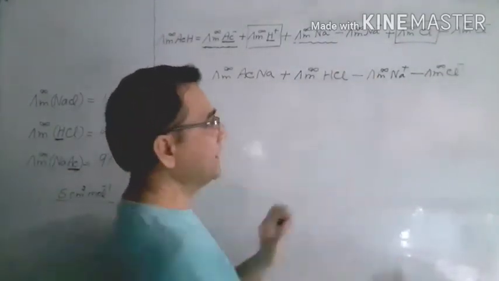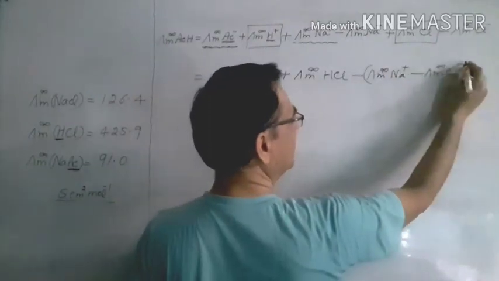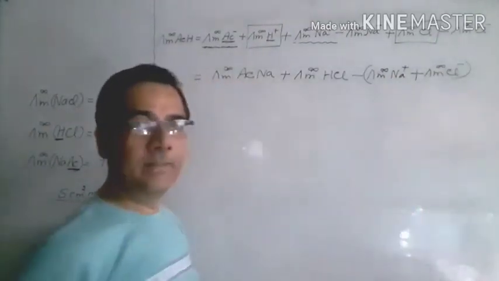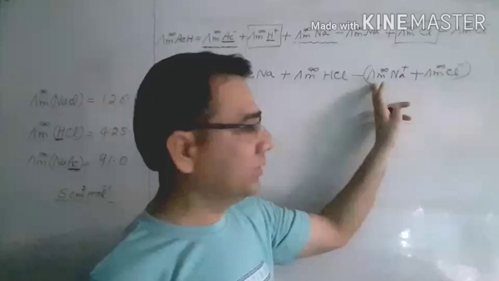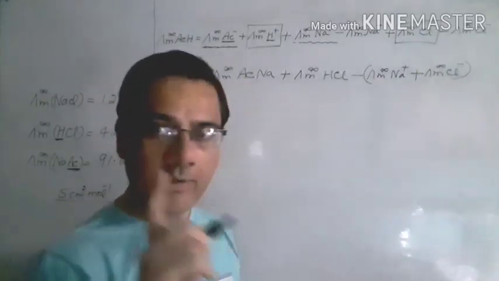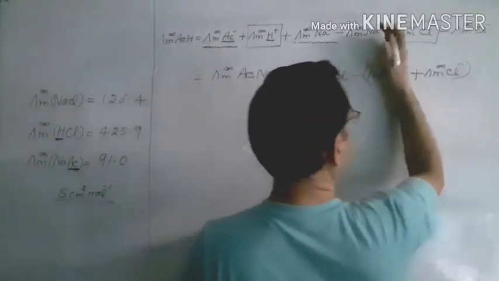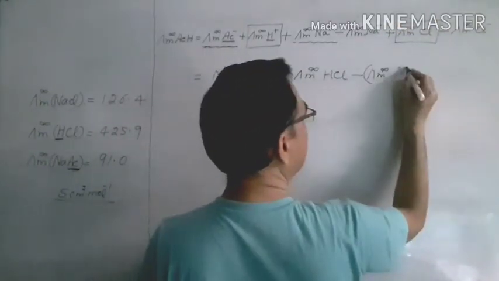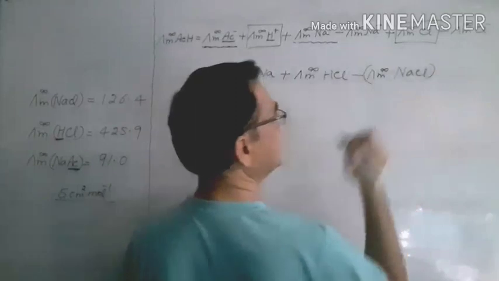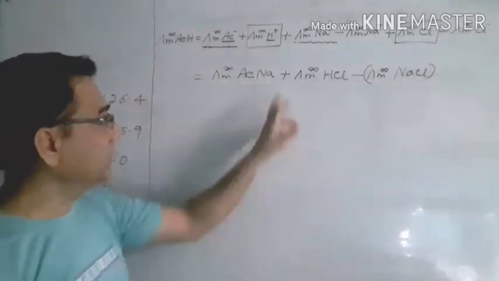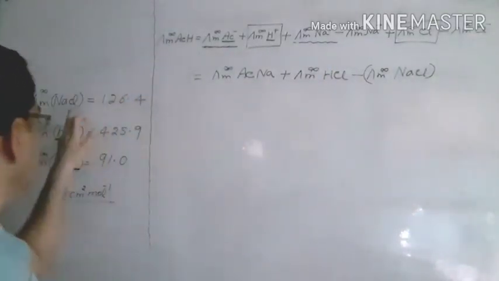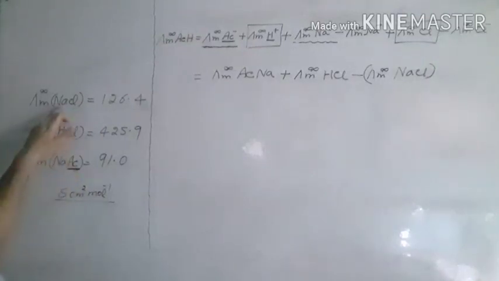This way, if we keep this in the bracket, inside that will be plus. And when we add both the values, we will get only one value, Na plus and Cl minus together. Then we get the limiting molar conductivity of NaCl. So all the 3 compounds we have formed: NaAc, HCl, NaCl.